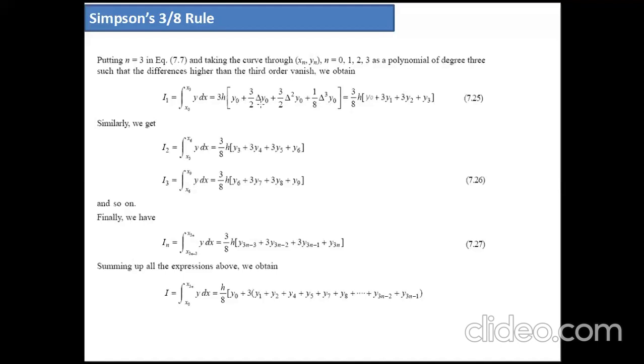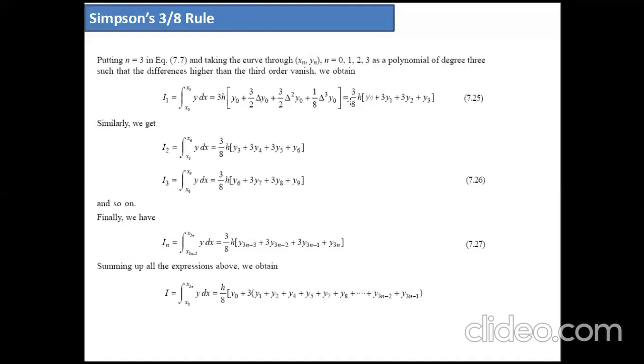Now here, as you know, delta y0 is equal to y1 minus y0. Delta square y0 is equal to y2 minus 2 y1 plus y0, and delta cube y0 is equal to y3 minus 3 y2 plus 3 y1 minus y0. When you put these values and use the simplifications, after some steps you will get this answer. You will have to verify this.